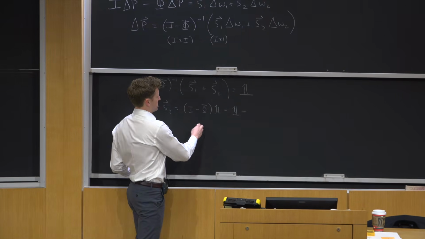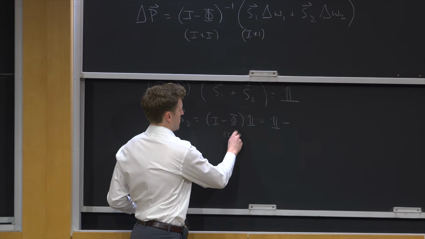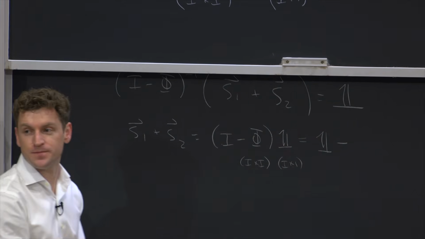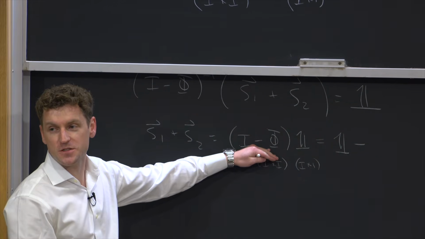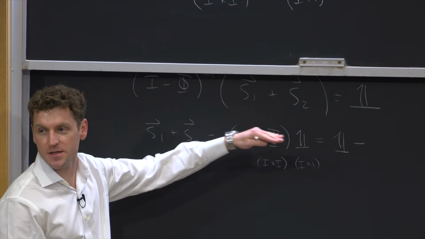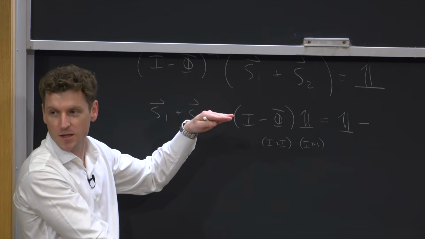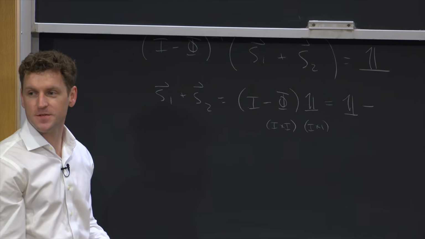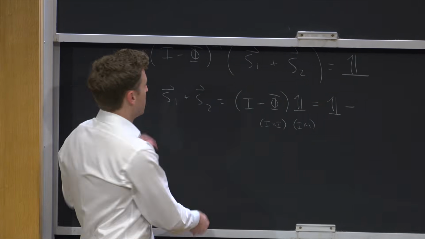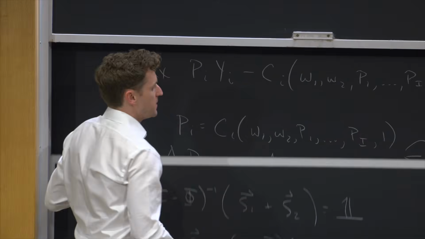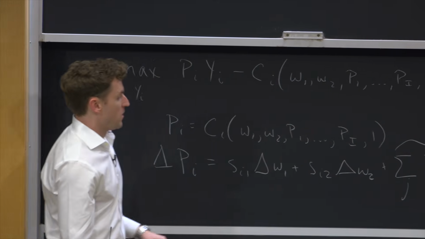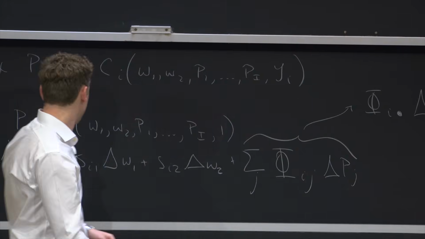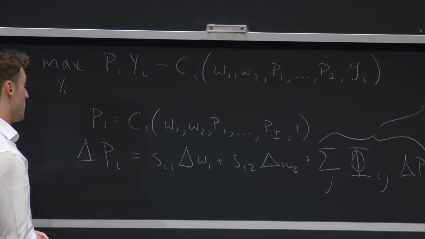So remember this guy is I by I. This guy is I by 1. So the way the matrix multiplication is going to work is we'll take a row of phi and multiply it by a column of 1s, which just means summing up the rows of phi. And so what is the sum of the row of phi? Well, it's the sum over j of phi_ij, where i is the row.